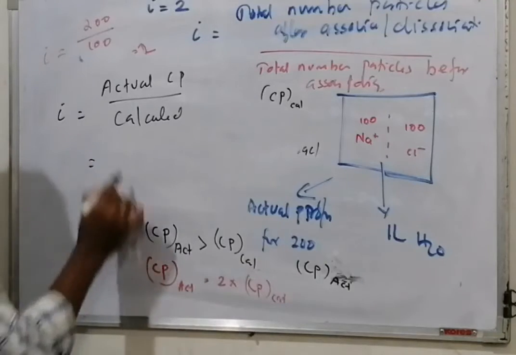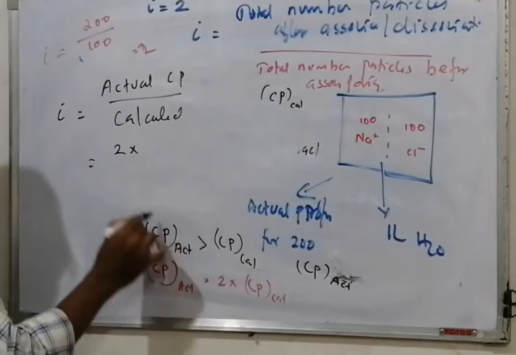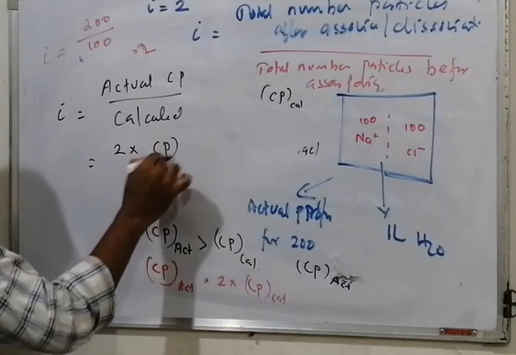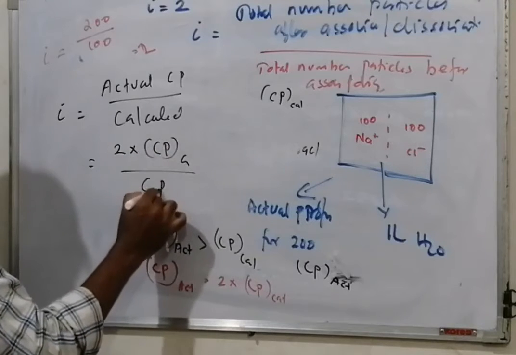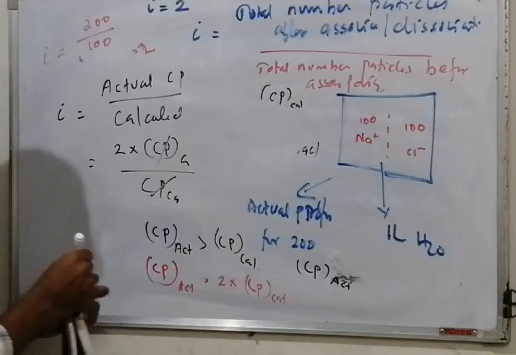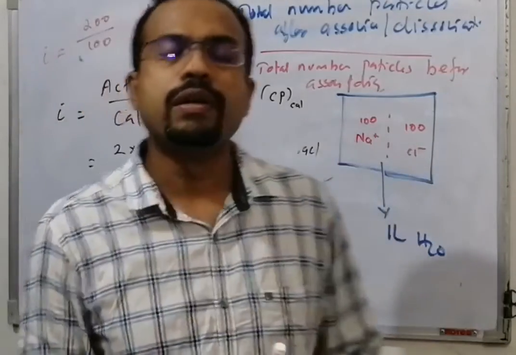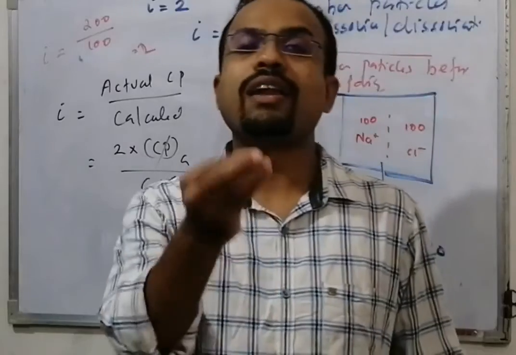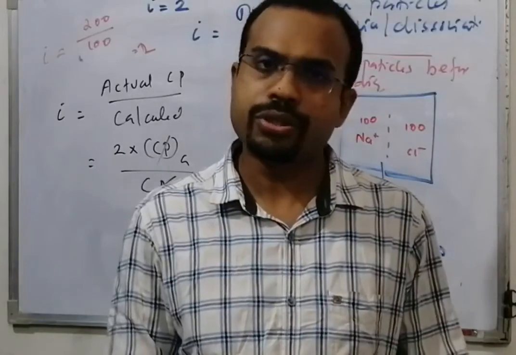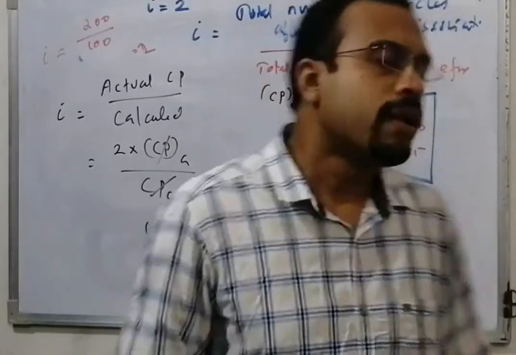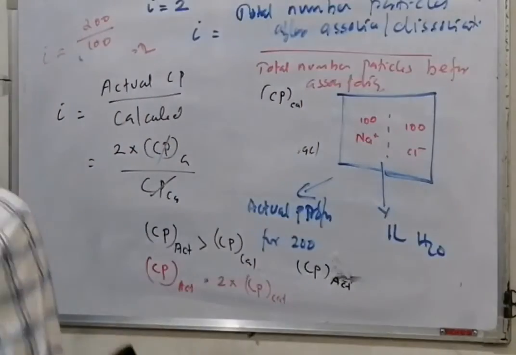Here, the actual colligative property is 2 times the calculated one, divided by the calculated colligative property. Or we said that this colligative property actual is 2 times the colligative property calculated. Yes, agree? Therefore, these are the van't Hoff factor.